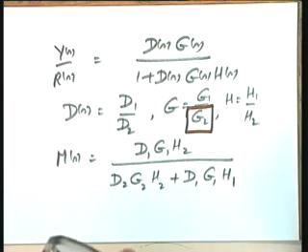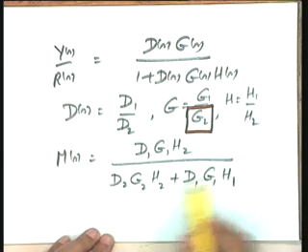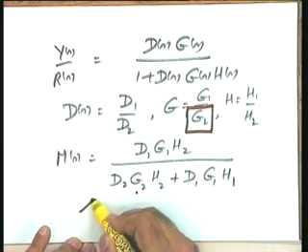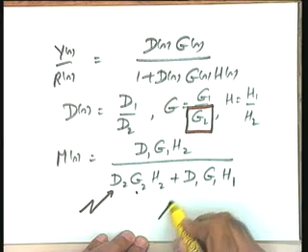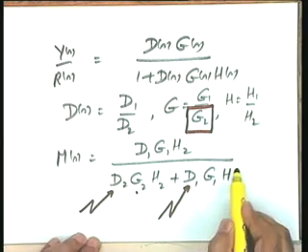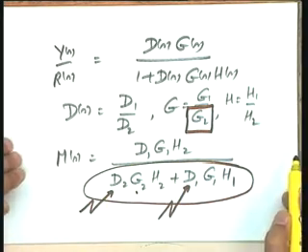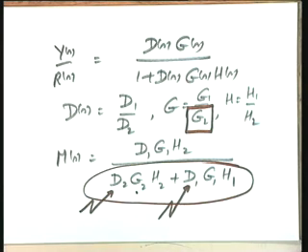That is why you want to go and shape the dynamic response. By suitable design of D1 and D2, you can change the factors of this polynomial, and hence you can change the pole locations of the closed loop system, and therefore you can shape the dynamic response of the system.